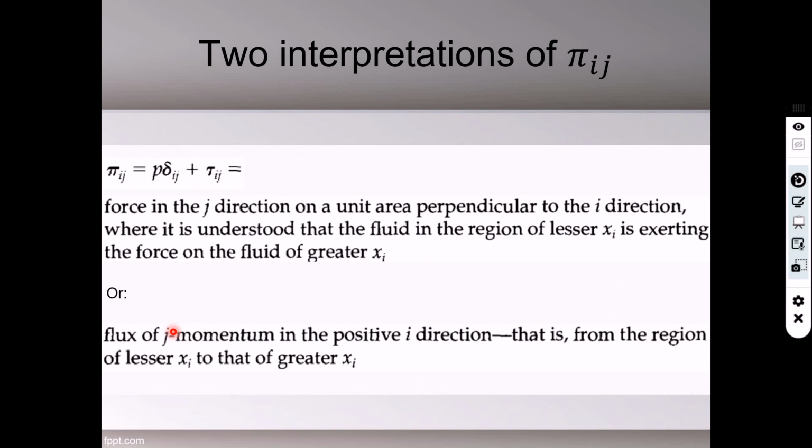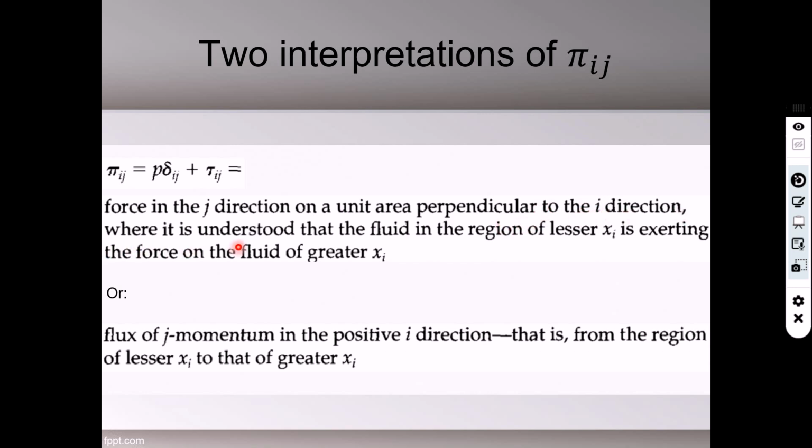Okay. It has some explanations. We can go through that. The first explanation says that this is a force in the z direction. It's important. It's in the z direction, and on a unit area perpendicular to the i direction. So this is the area that the force works on. Force has one direction, and force should work on some area. So this is the area, and it's perpendicular to the i direction.